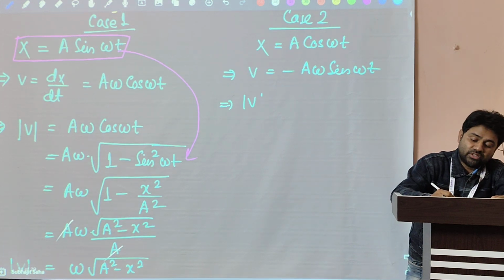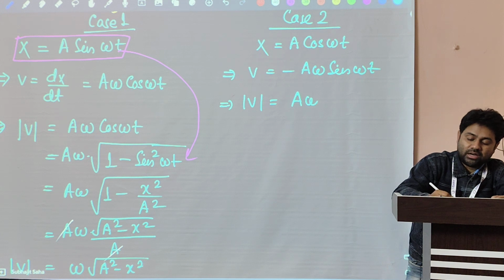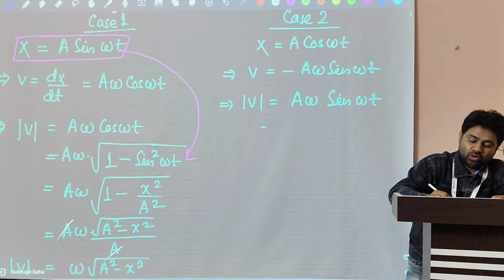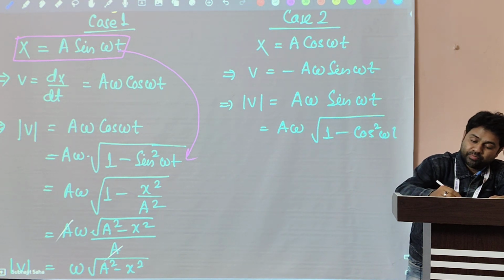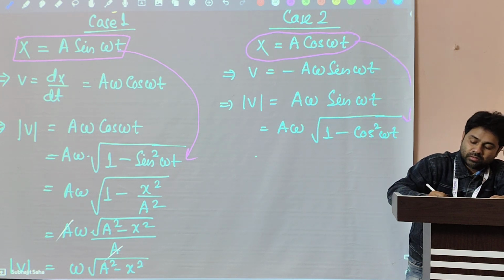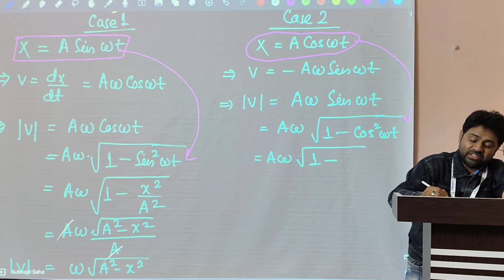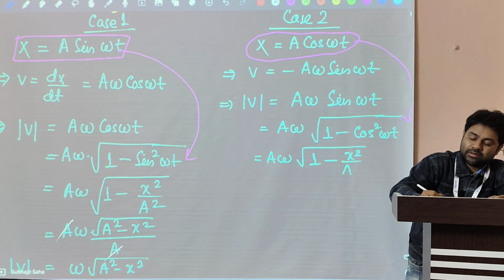Here mod v is a omega sine omega t, equals a omega root 1 minus cos square omega t, and again substituting this here, cos omega t means x by a, so cos square omega t means x square by a square.